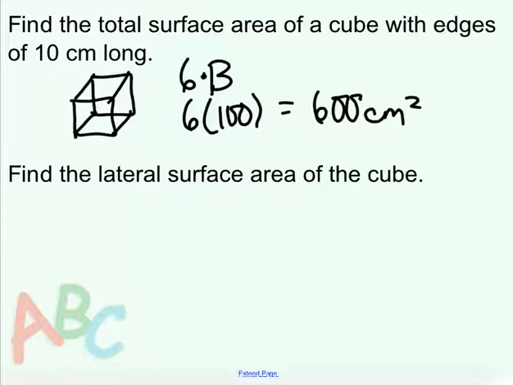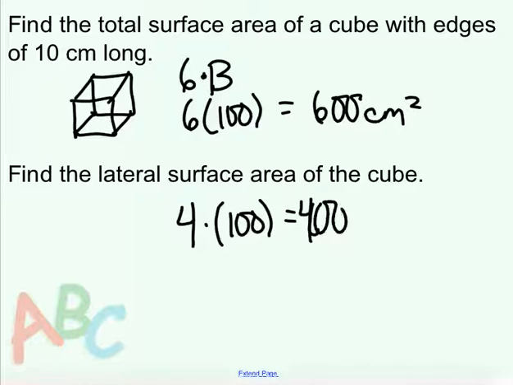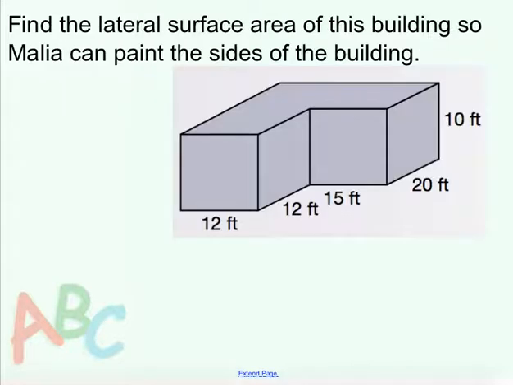If we want our lateral surface area, we only need 4 of those faces, so I do 4 times 100, which is 400 centimeters squared.